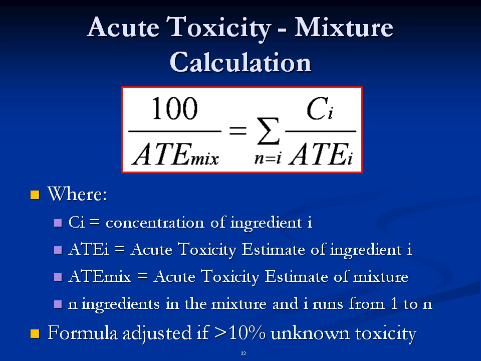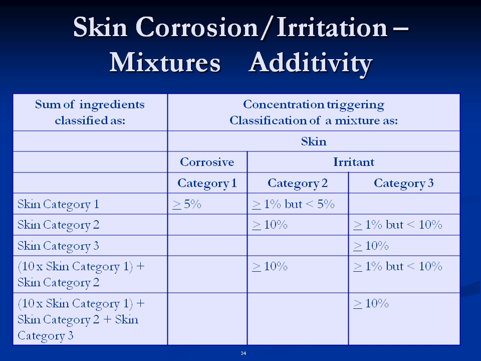For things like, which you'll also run into probably even more frequently, skin corrosives or eye damage, eye irritants, they have tables that look like this. Here we take the sum of the ingredients that are classified in category 1. So we add them all up together, and these are in percent.